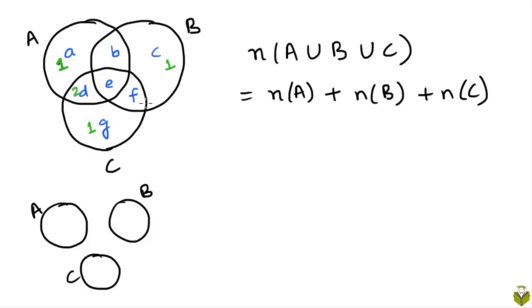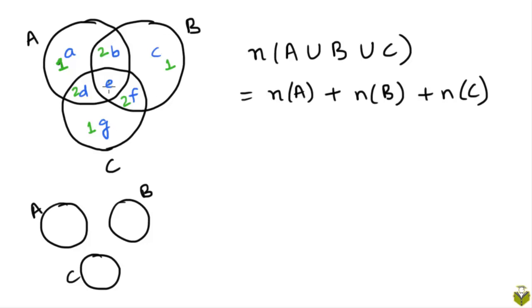It would have been counted over here and it would have been counted over here. Similarly, region B would have been counted in N of A, and it would have been counted again when we added N of B. And region F also would have been counted once for set C and another time when we were adding the number of elements in set B.